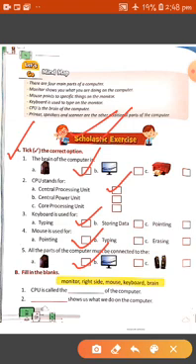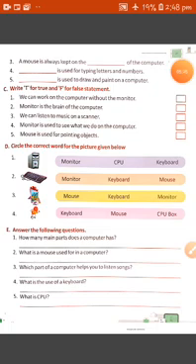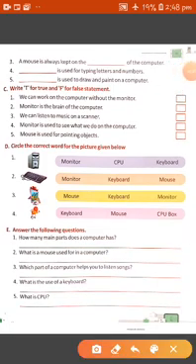Now fill in the blanks. CPU is called the brain of the computer. Monitor shows us what we do on the computer. A mouse is always kept on the right side of the computer.